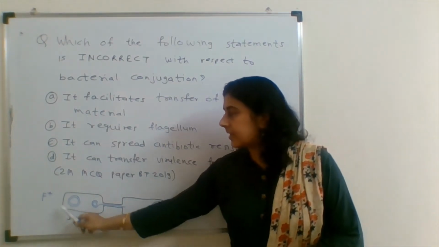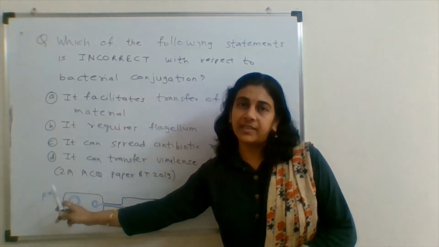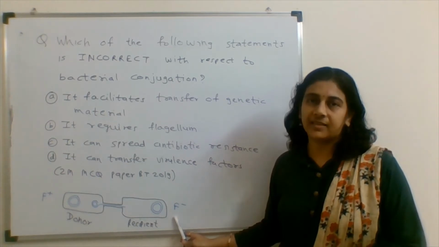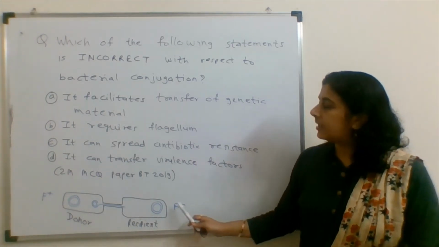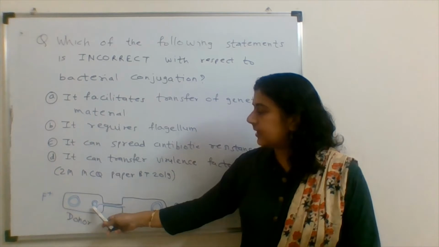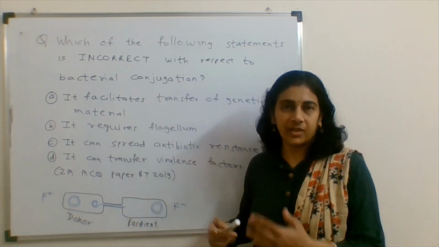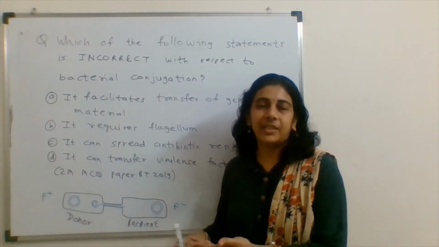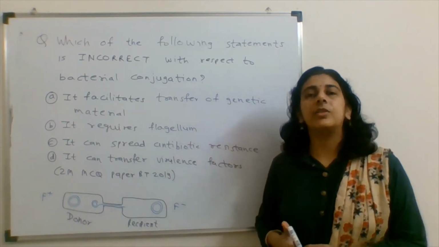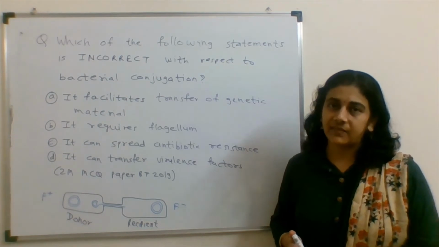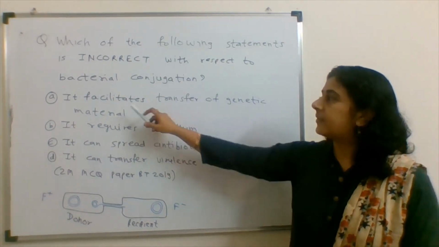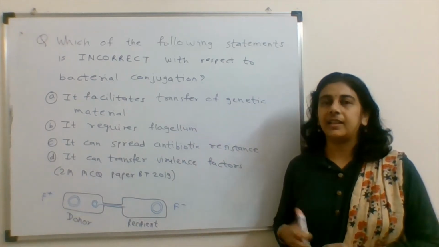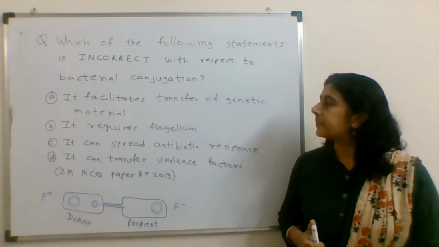This bacterial cell we call F plus, and this bacterial cell we call F minus. Here we can clearly see that the genetic material is getting transferred. Here I have shown the plasmid DNA, and genetic material can also be transferred. So this statement, it facilitates transfer of genetic material, is correct in case of conjugation.